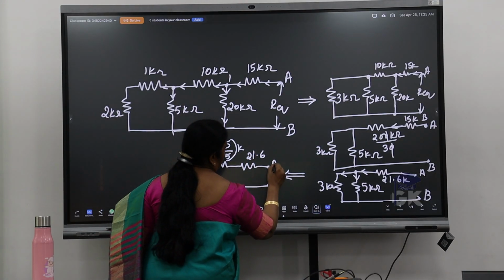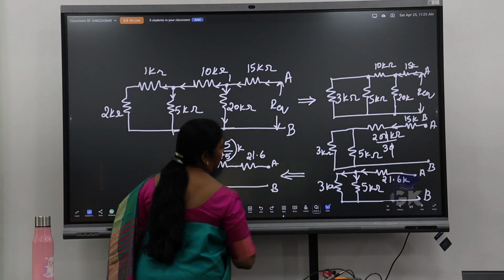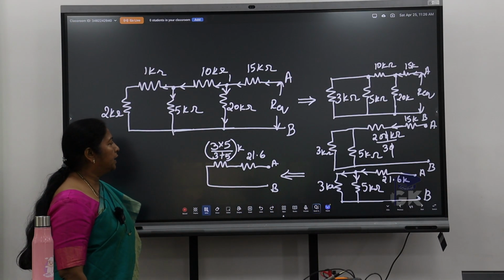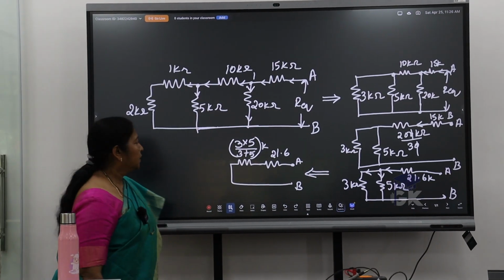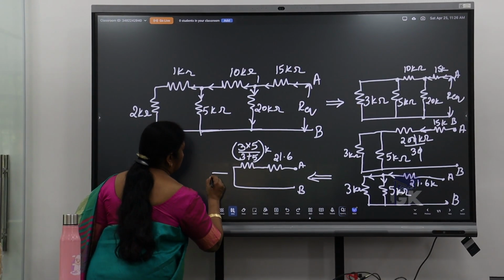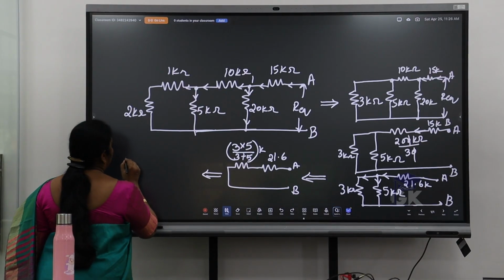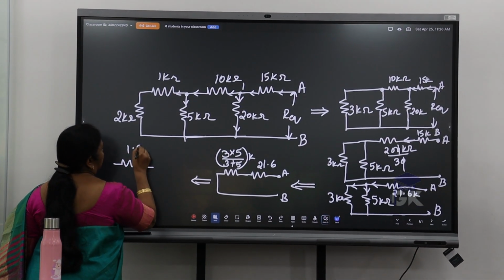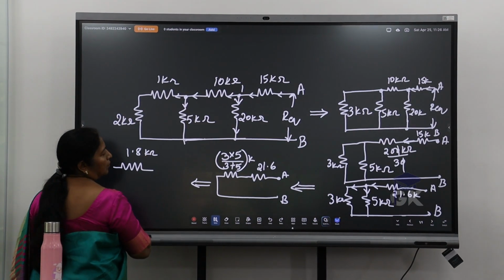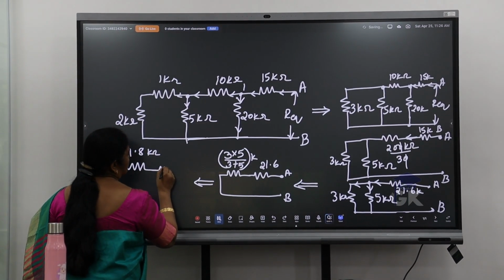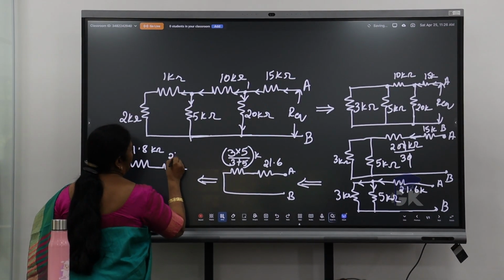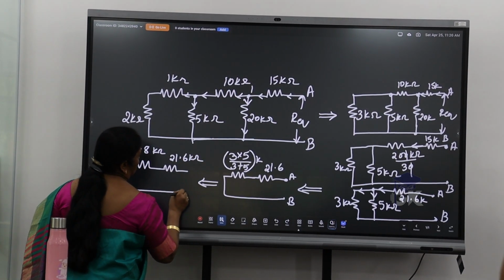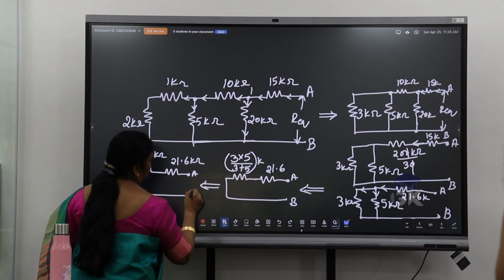This is A and this is B. Correct? Okay. Now what is the value? 15 divided by 8. So this will be 1.8, plus 21.6K. This is A and this is B.